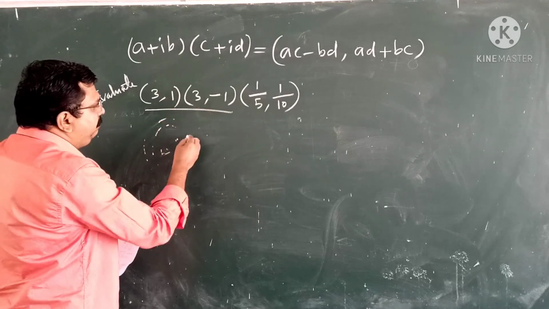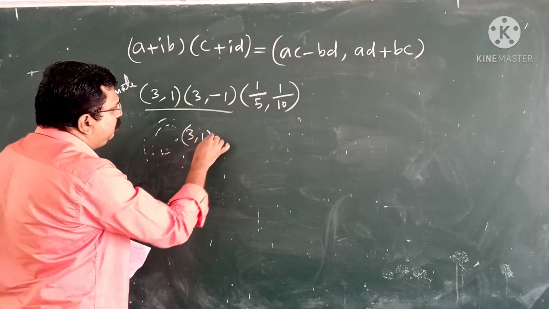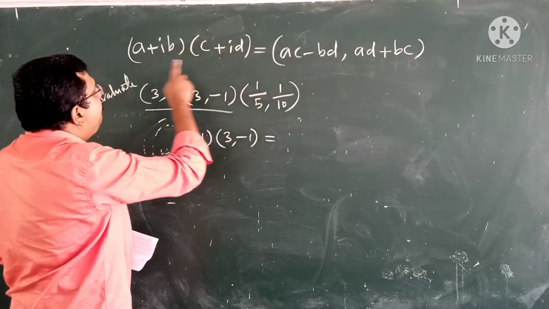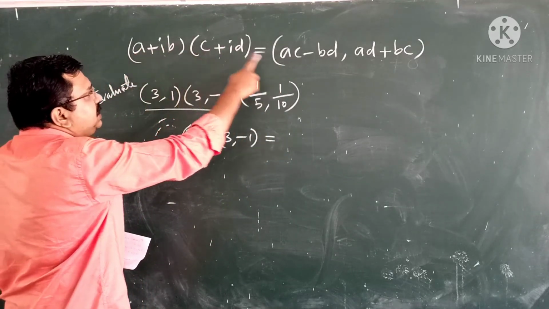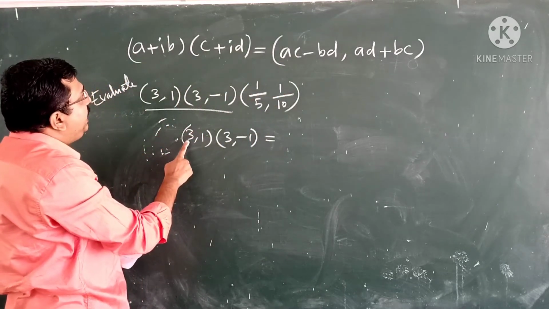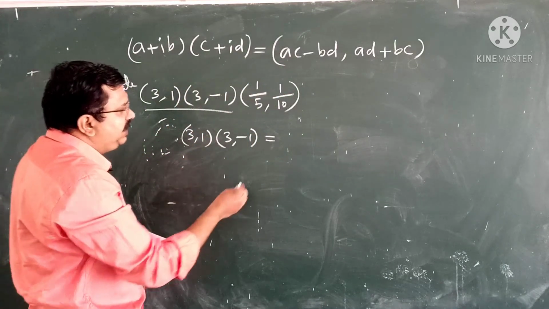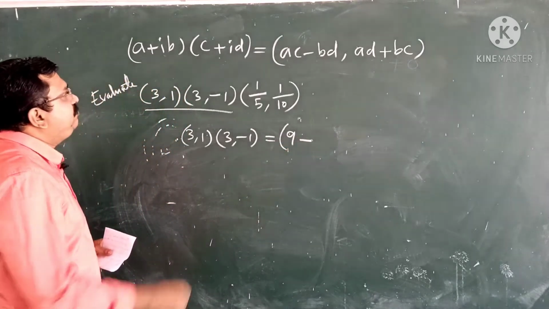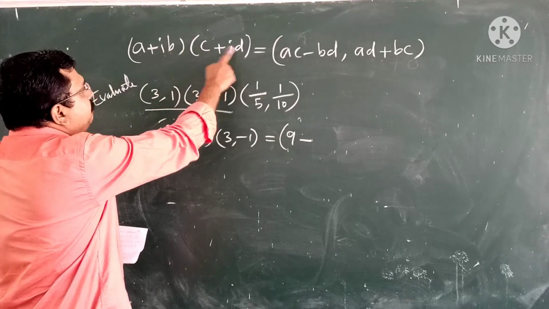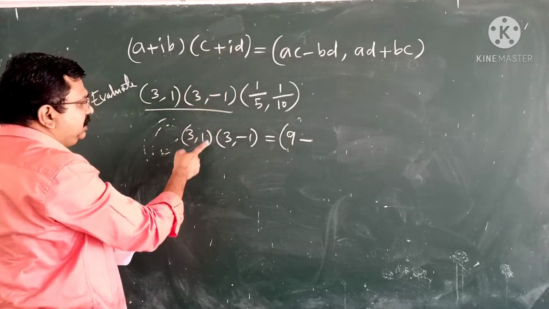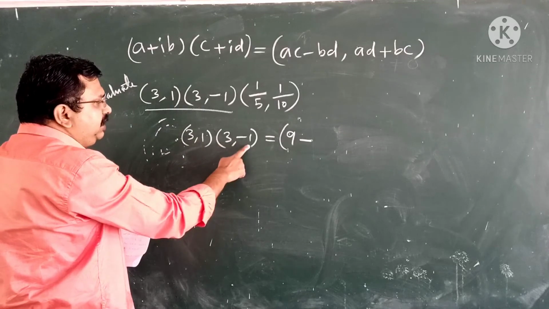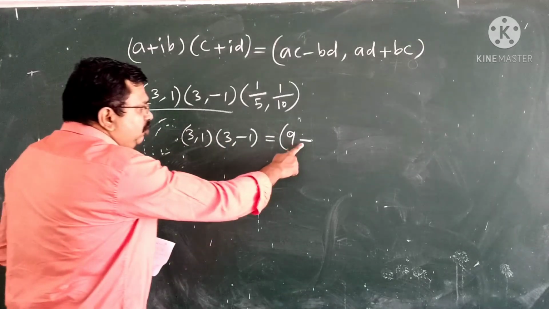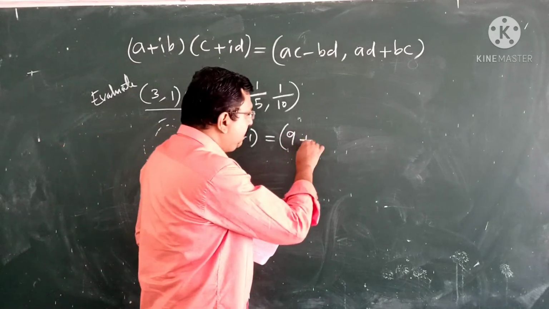(3, 1) into (3, minus 1). Using this equation, first we want a into c. Here a into c is 3 into 3, that is 9. Minus, next we want b into d, that is minus of 1 into minus 1, that will become plus 1.